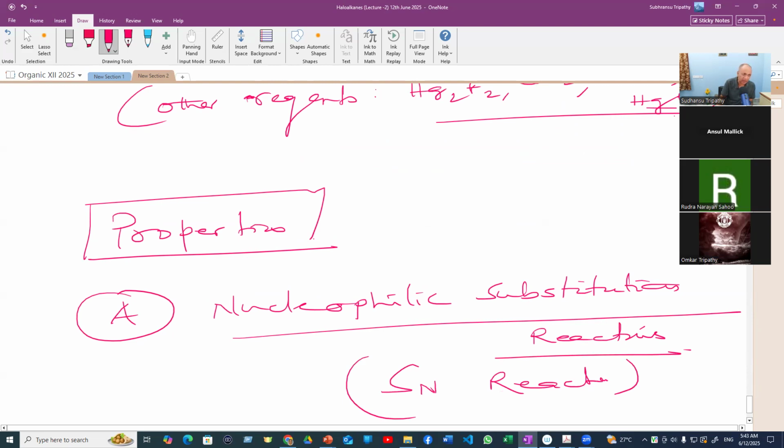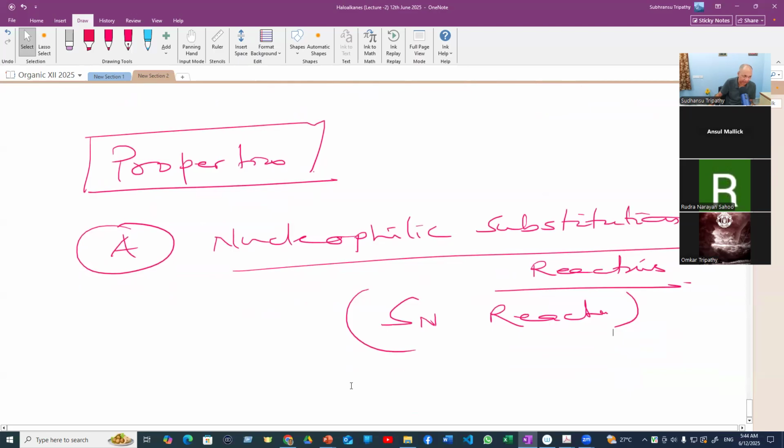There are so many types of SN mechanisms: SN1, SN2, SNi, as I told you. And then all three will have their corresponding allylic rearrangement: SN1 dash, SN2 dash, SNi dash.